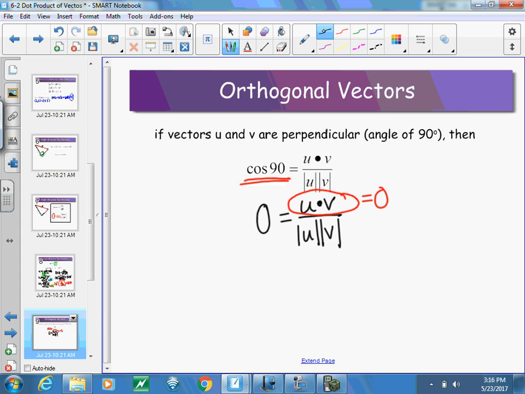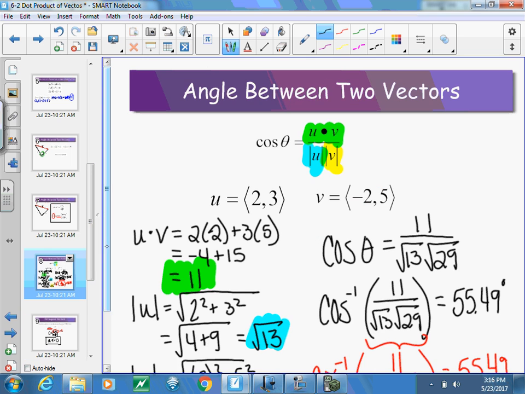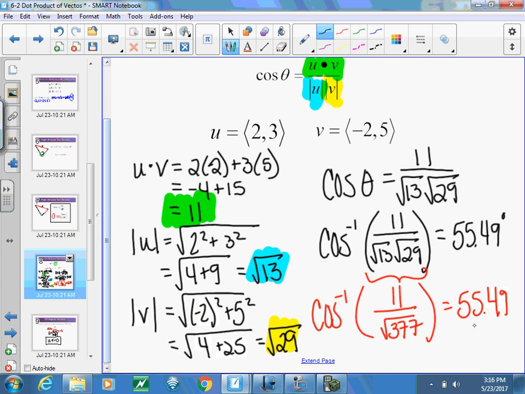So what this means is that when you take the dot product of two vectors, if it equals 0, then right then and there, you know that those two vectors have to be perpendicular to each other. Now, you can definitely go through all the motions that we just did in the last example to find the angle between them being 90 degrees.